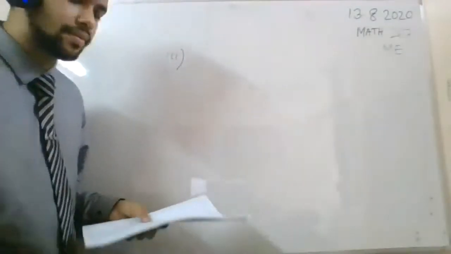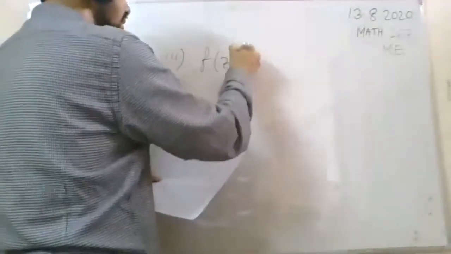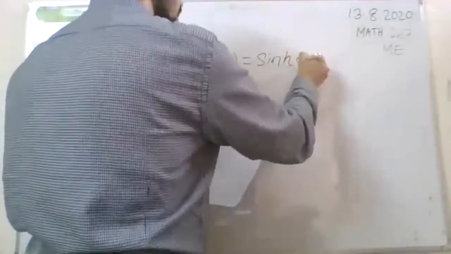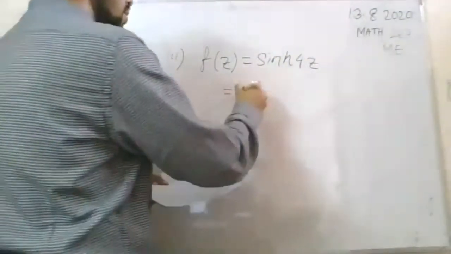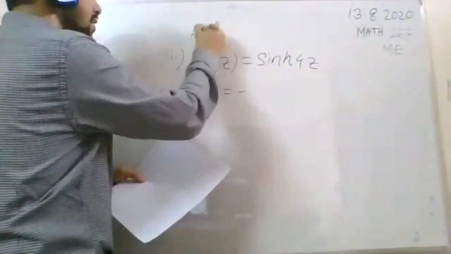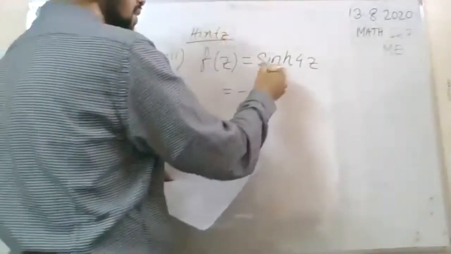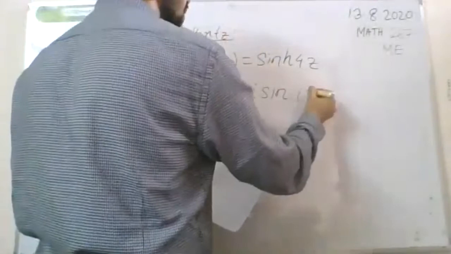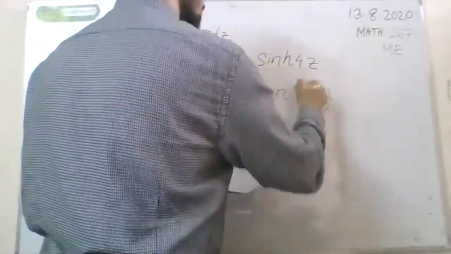Okay, for the third math, here f(z) equals sinh 4z. So you can also write it as i sin 4iz.